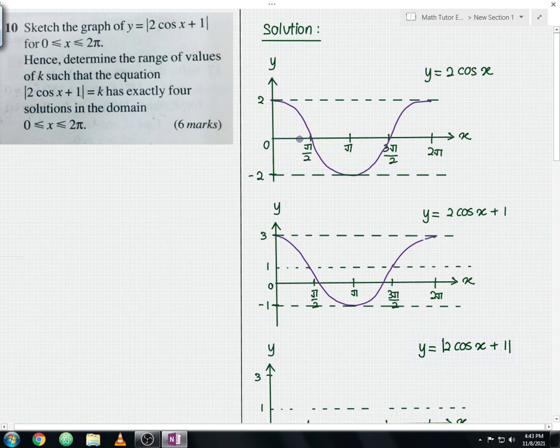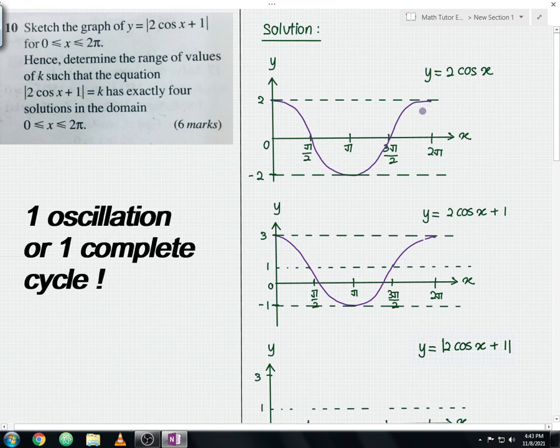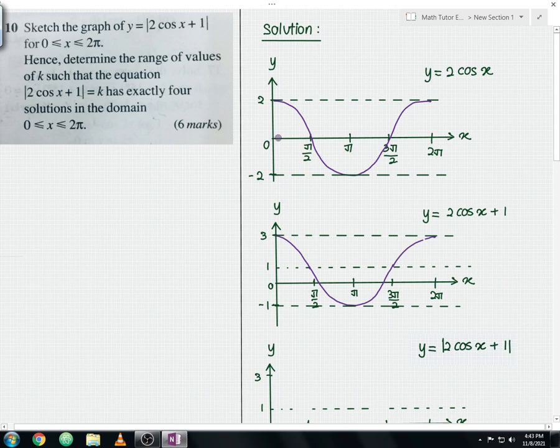And this is how you form your graph of 2 cos x. Since you don't have a coefficient of x over here, it's just 1, so you complete one oscillation within 0 to 2 pi. You've completed one cycle, guys, in this case from 0 to 2 pi. So this is the graph of y equals to 2 cos x.